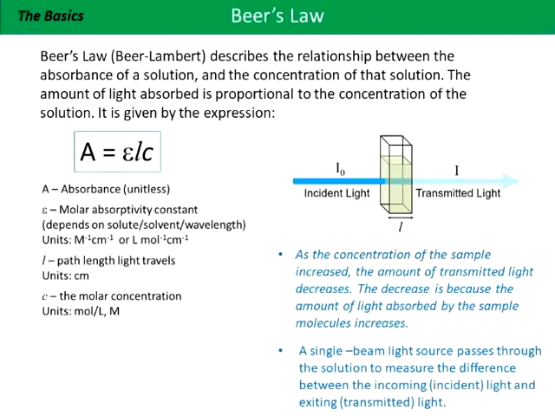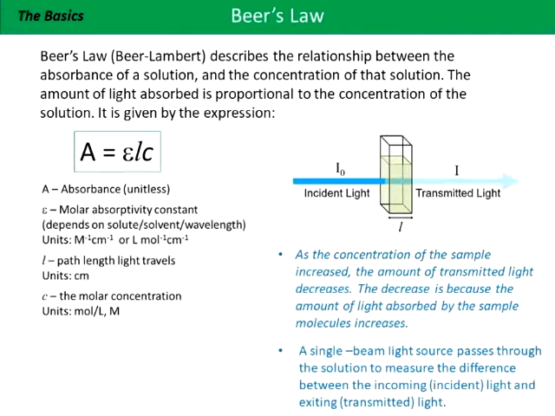The amount of light absorbed is proportional to that concentration and is given by the expression absorbance equals molar absorptivity constant times the path length times the molar concentration. The absorbance is a unitless value.